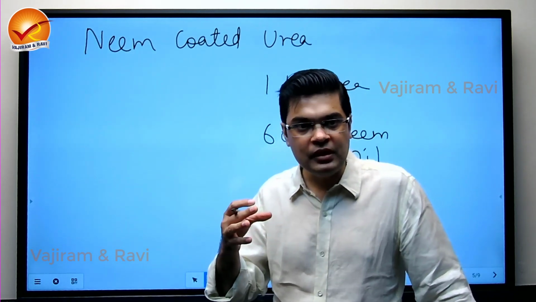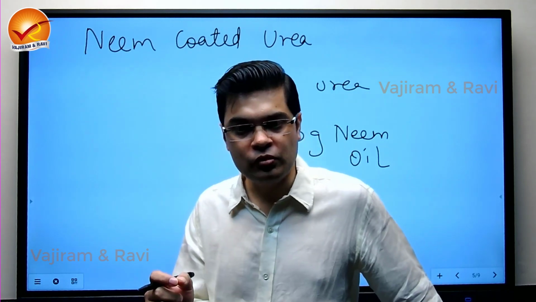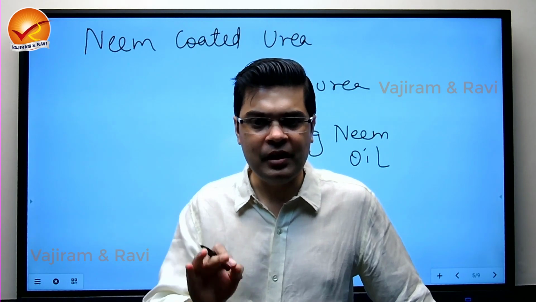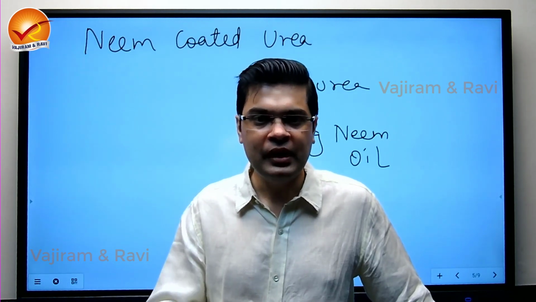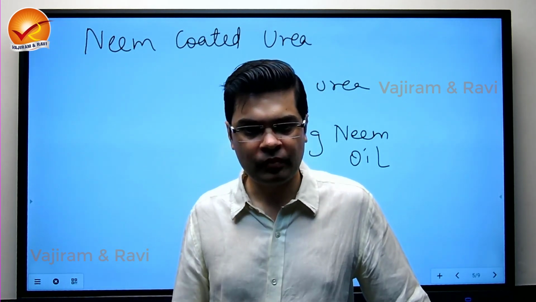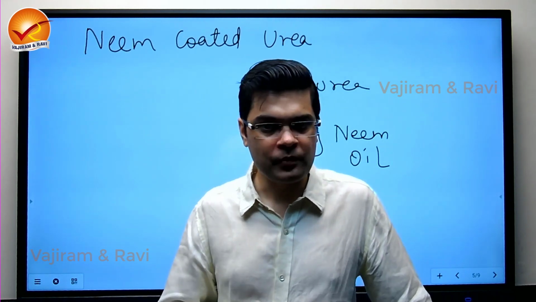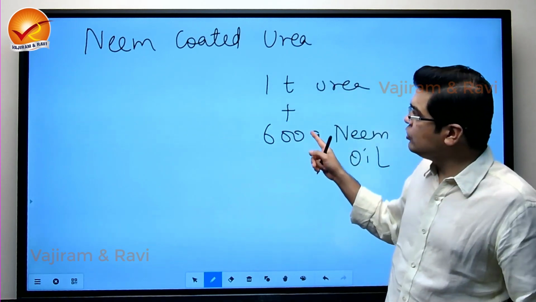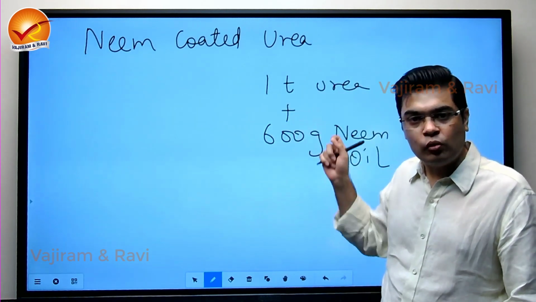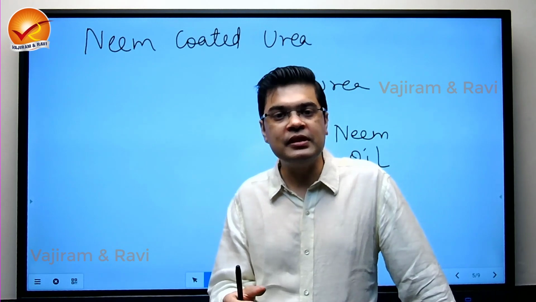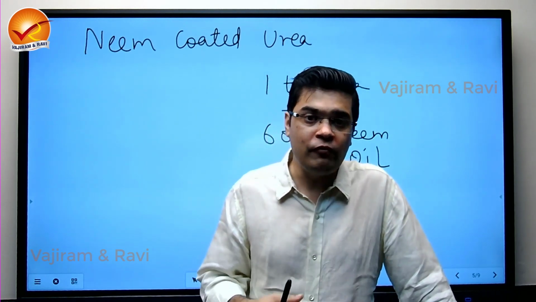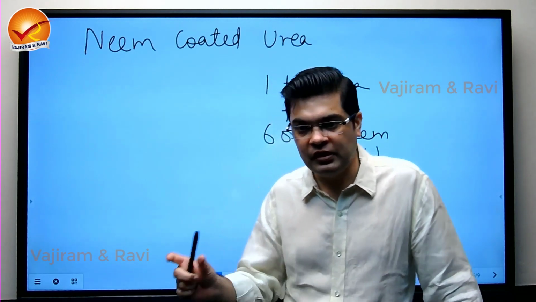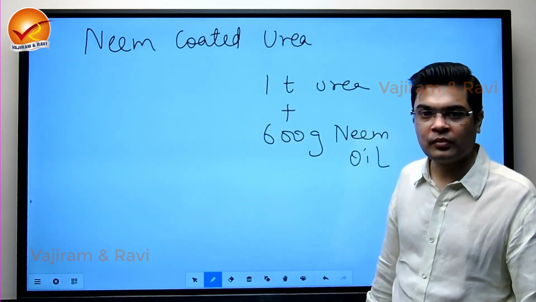So if neem coated urea is used, there are chances, though minor, that certain pests would be driven away from the field. Take that as a minor benefit. Then, if you coat urea with neem oil, urea becomes unfit for certain activities like the preparation of artificial milk. You cannot prepare artificial milk with this neem coated urea.